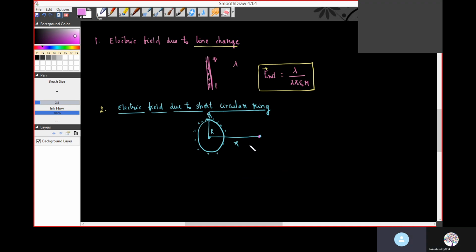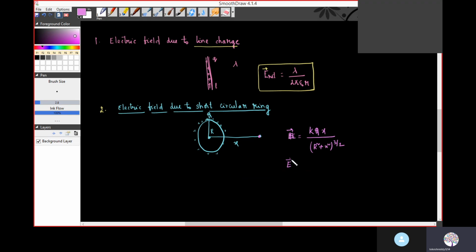Now the electric field here at some distance x is equal to kqx by (r square plus x square) whole power 3 by 2.